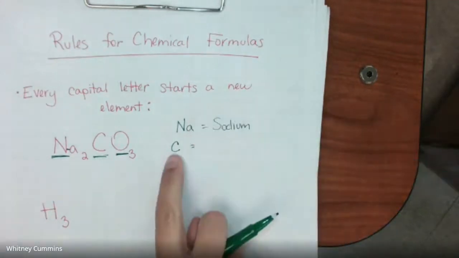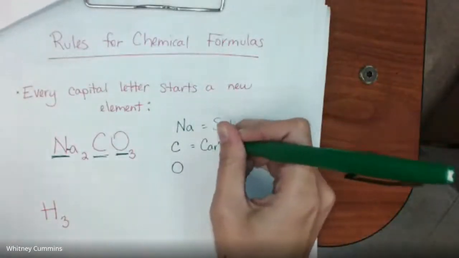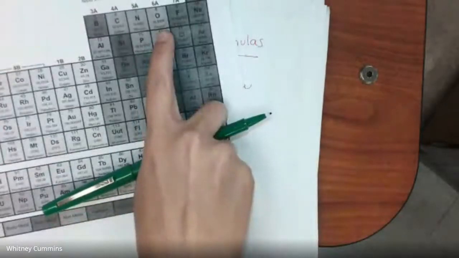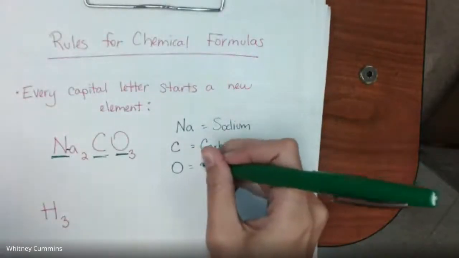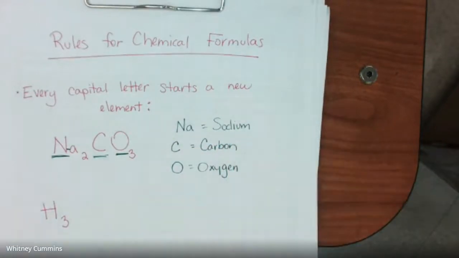The capital C stands for carbon. And the O is oxygen. Like I said, some of these you'll use often enough that you'll start to memorize them, but I will always give you a periodic table, and that's totally fine.